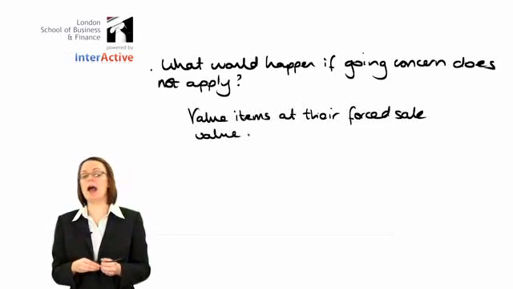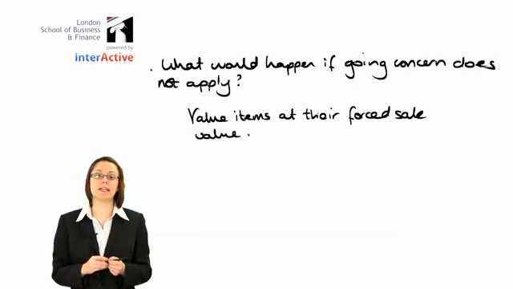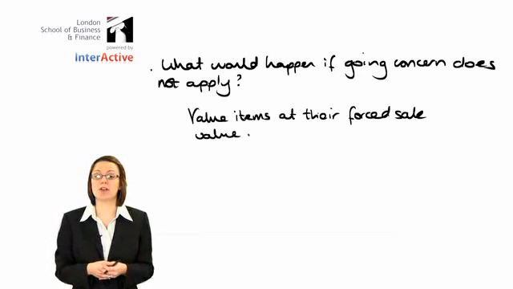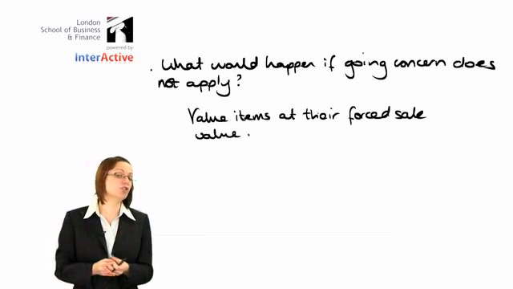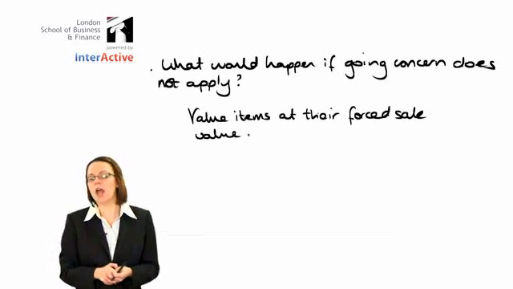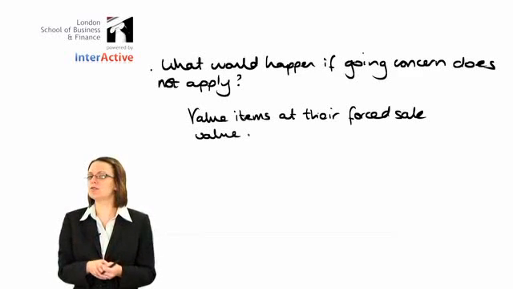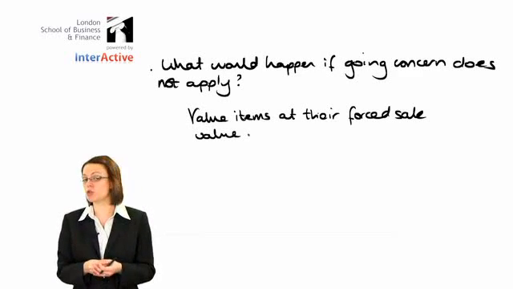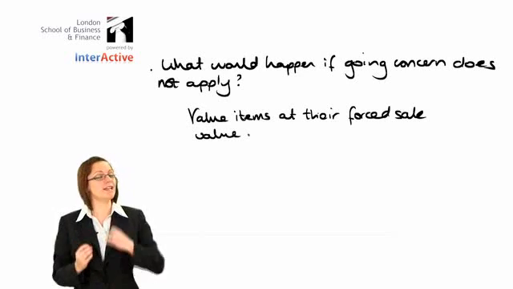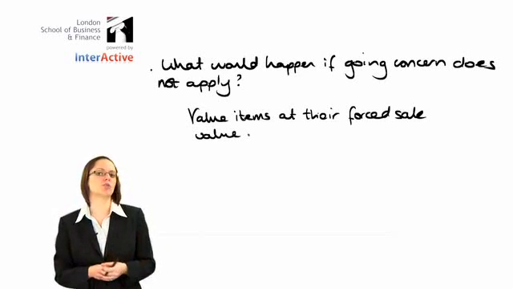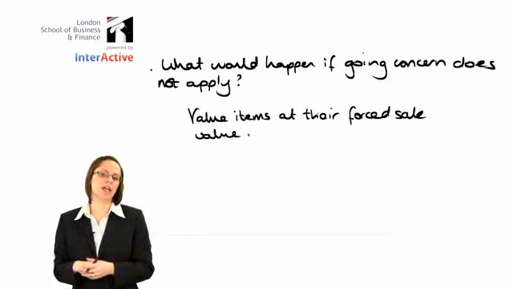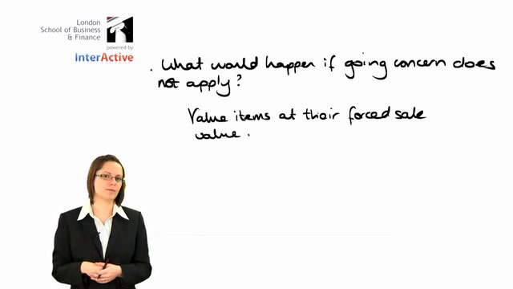In other words, if you have some motor vehicles that are in your accounts currently at $150,000, and you expect that when you close down your business you can only sell them for $20,000, well then it's the $20,000 that you need to record, not its original cost that we've seen in the pro forma.